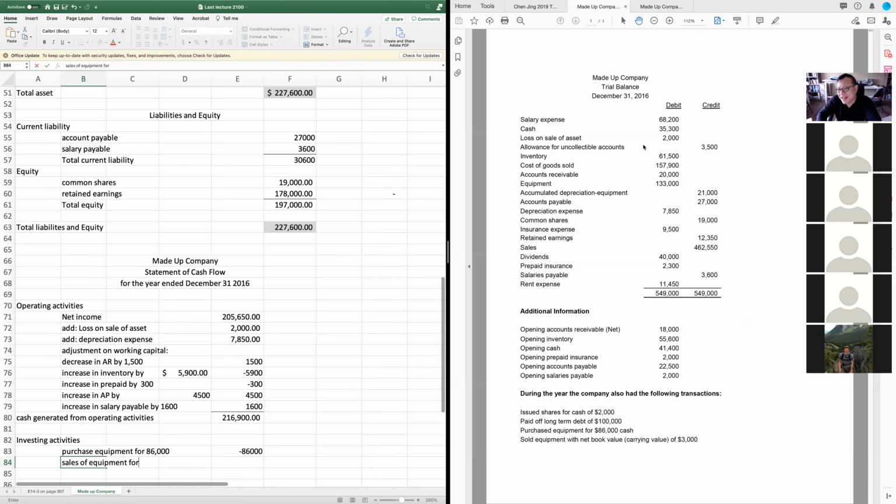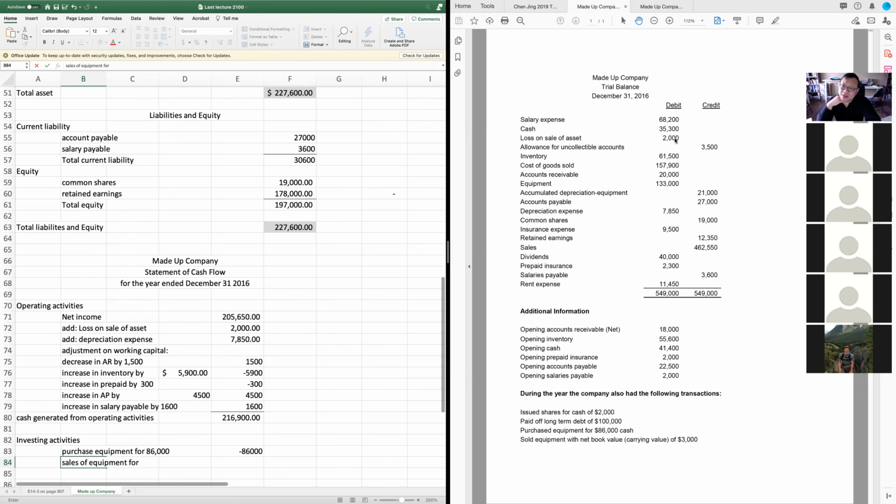So if the net book value is 3,000, how much do you think that person paid you to make you have a loss of 2,000? On your books, you think the value of the equipment is 3,000.